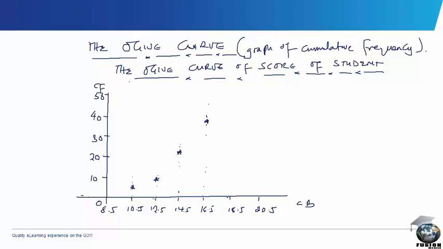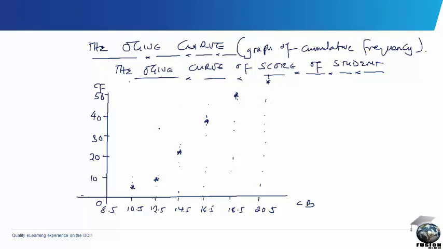At 16.5 to 18.5 we have 48, which is almost close to 50. And at 20.5 we have 50, and this probably gives us our OGIF curve.